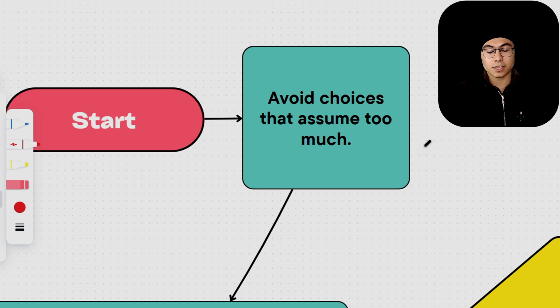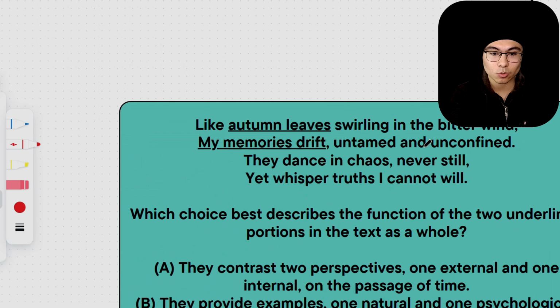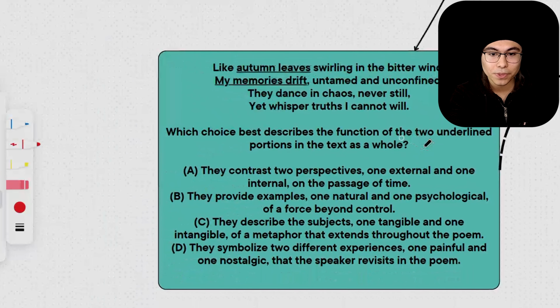Before you click off this video, I want to say that this one is so tricky, and sometimes you may not even realize that you are assuming. That's why you have to pay attention to this SAT question that is on the screen right now.